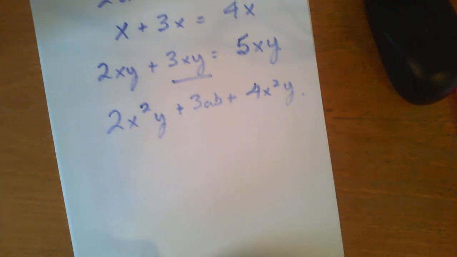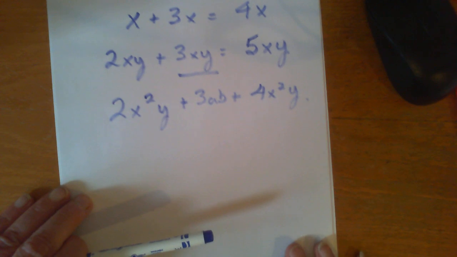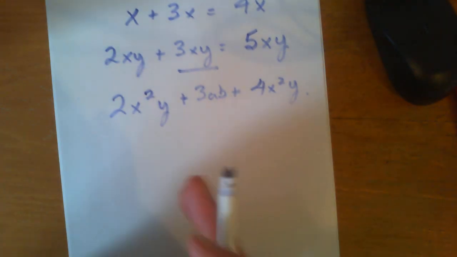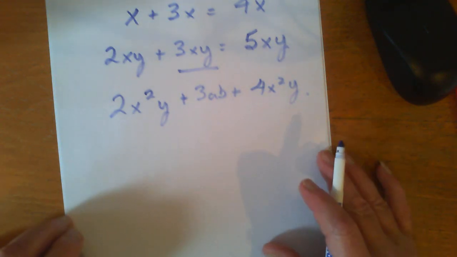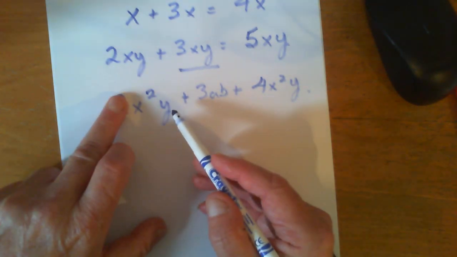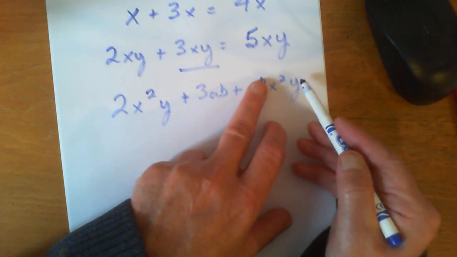This is a bit more like what I was saying before: when asked to simplify something like that, people will rush in and try to simplify it down to one single term, which you can't do. But you can simplify it down to 2 terms, because you've got an object here called x squared y, and you've got another object here called x squared y.